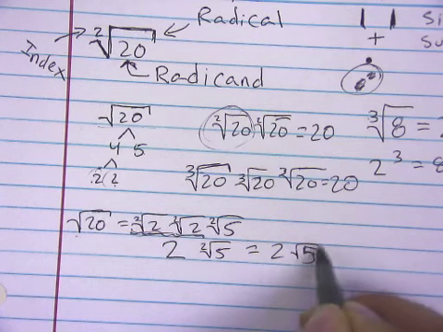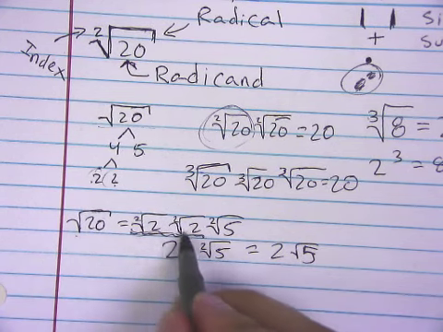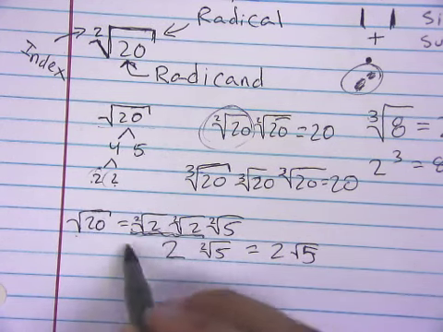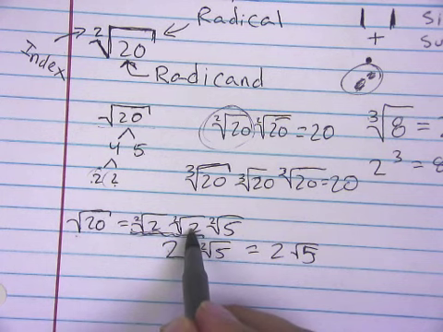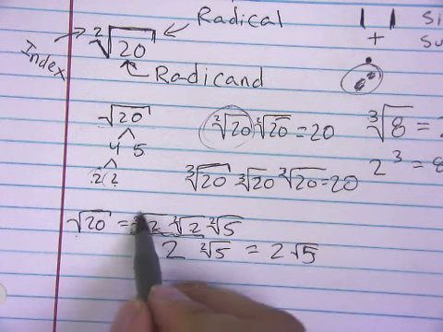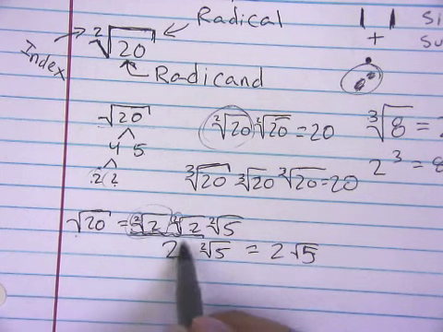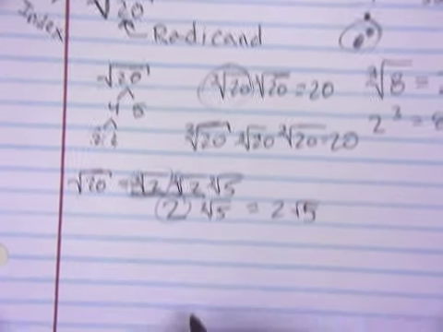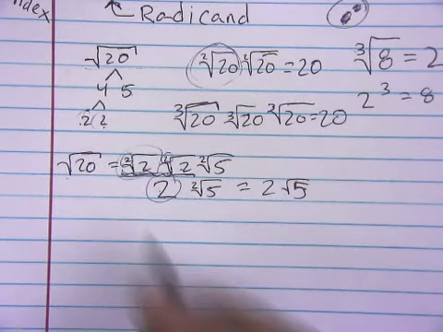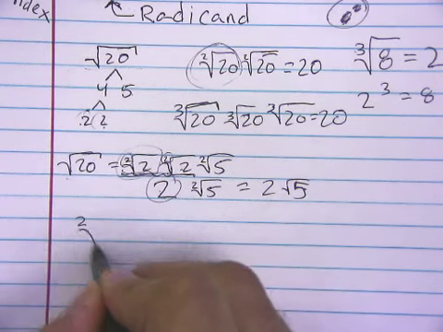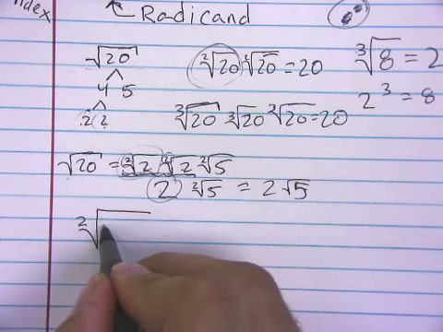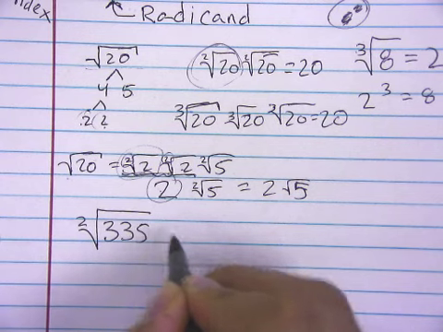But the reason why this 2 ends up not inside of a radical here is, first thing, this 2 is not this 2. Right? What we're saying here is that because we have 2 factors of that root, we know we get that thing back. Why does this matter? Well, let's say you have the second root or the square root of 335.